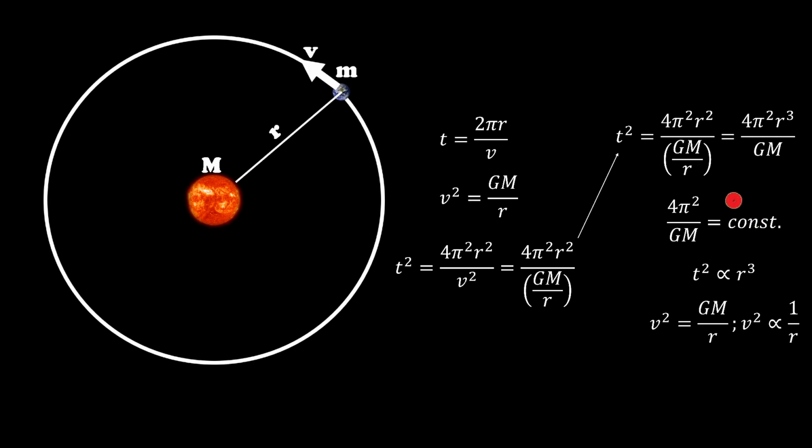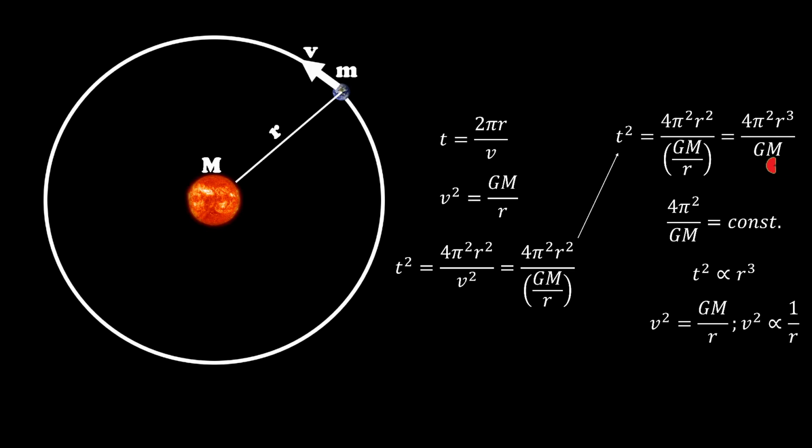And then we can basically say that 4 pi squared over GM is equal to a constant, since the gravitational constant and the mass do not change, and the value of pi does not change. And 4 is obviously inputted in there, and that doesn't change either. So 4 pi squared over GM is a constant. Therefore, we can say that T squared is proportional to r cubed.